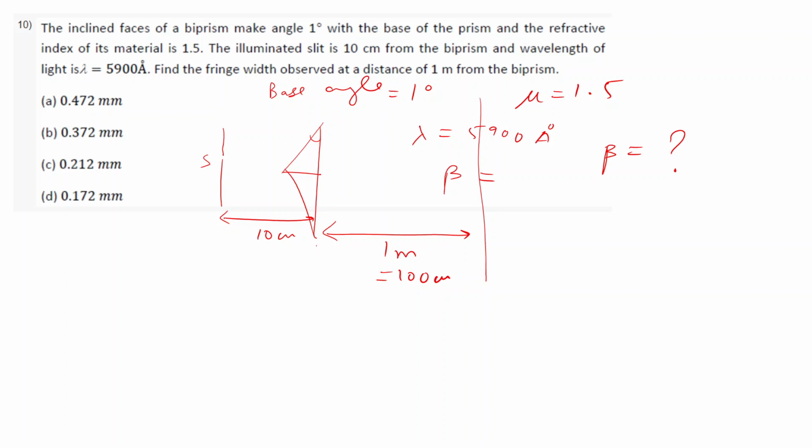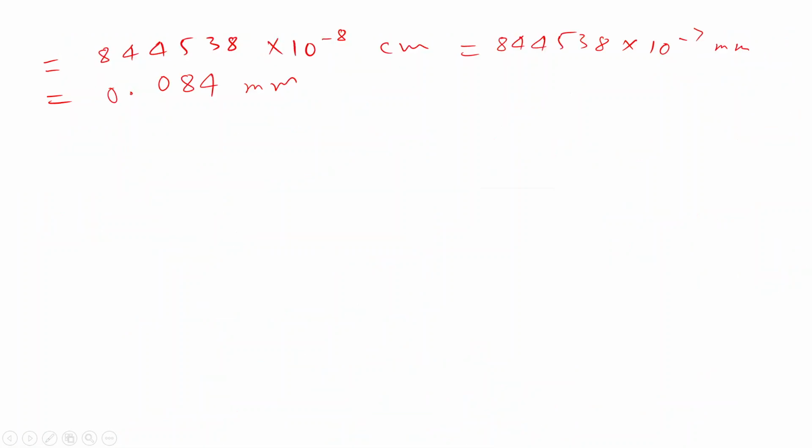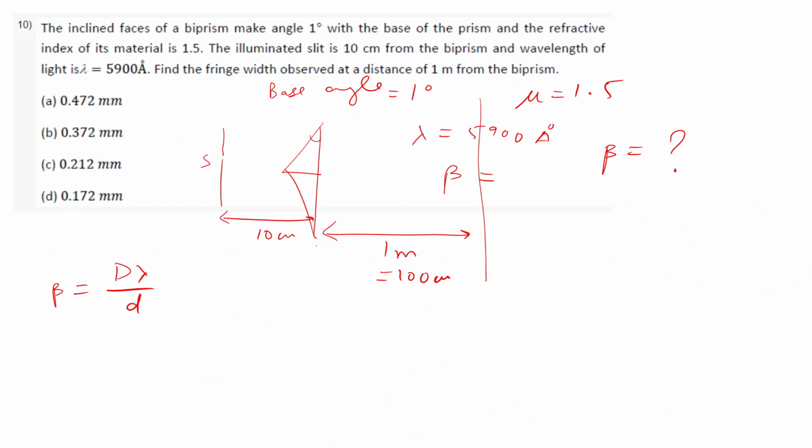Okay, fine. The fringe width formula we'll use is d lambda by d, right? Now again, this d, I can write in terms of refractive index and angle of prism like this. The separation between slits, I can write as 2a, mu minus 1 times the angle of prism. There is the separation between slit and the prism.